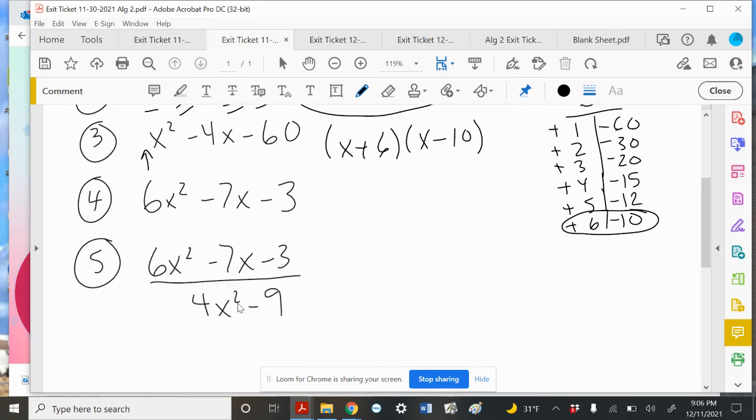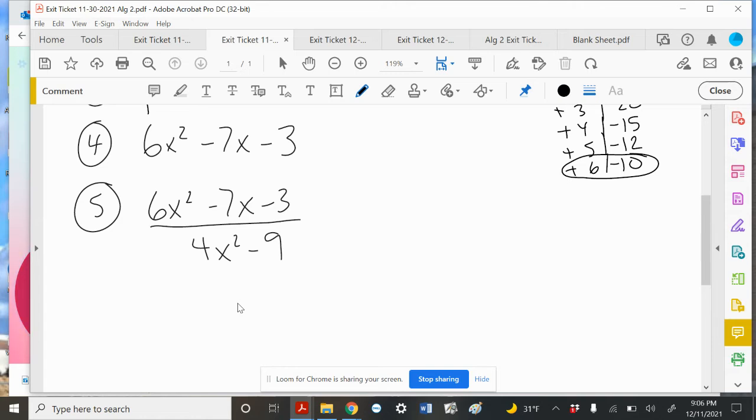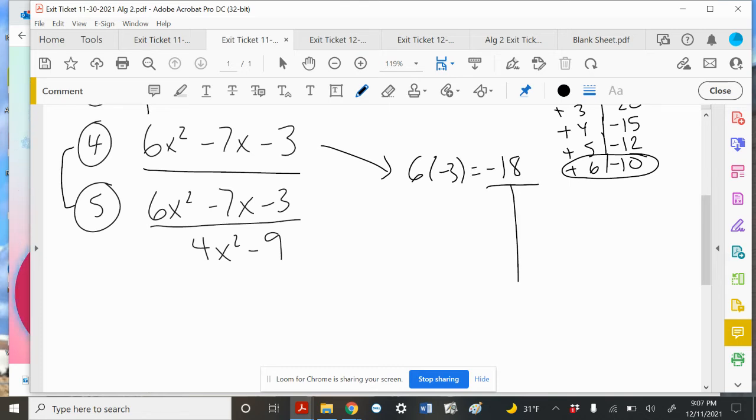Okay, so now we get into a more difficult one. Now notice that these two problems are kind of combined in a sense. So I'm going to go ahead and factor this one. The way that I would factor it is I would multiply 6 times negative 3. That equals negative 18. First off, when I'm looking at that negative 18, I'm going to notice that this is telling me that they are both different.